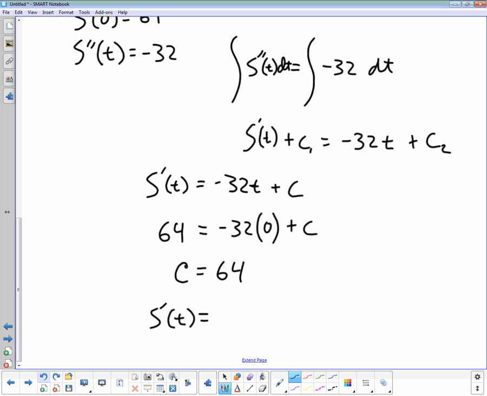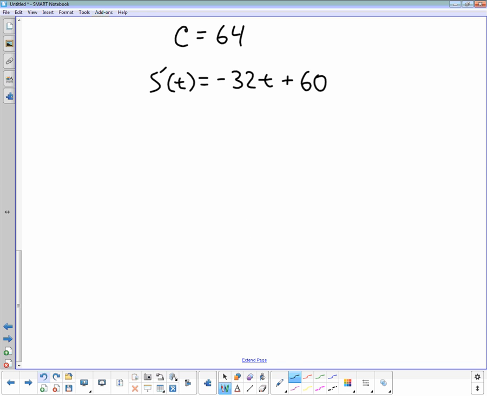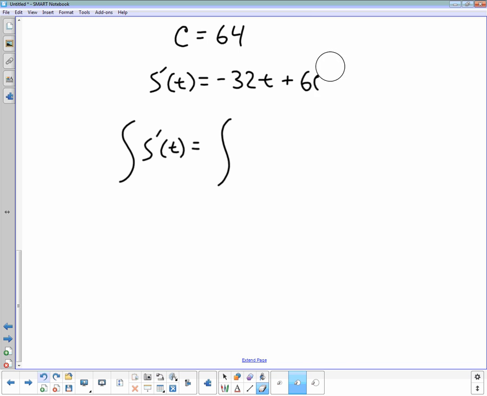No, that was position. We're fooling with velocity now. And we can do the same thing again to get position. Okay, we're going backwards now. Again. So when I take a derivative now, was it 64? Oh, yeah. Thanks. Typo.